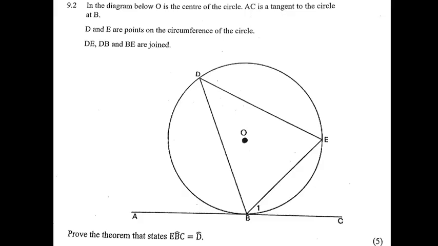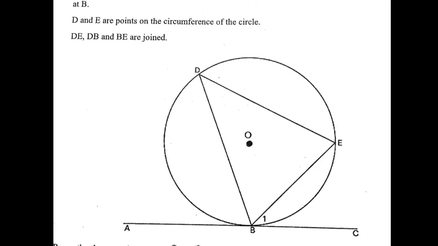9.2. In the diagram below, O is the center of the circle, AC is a tangent to the circle at B. D and E are points on the circumference of the circle. DE, DB and BE are joined. Prove the theorem that states angle EBC is equal to angle D. So this is the tan chord theorem.